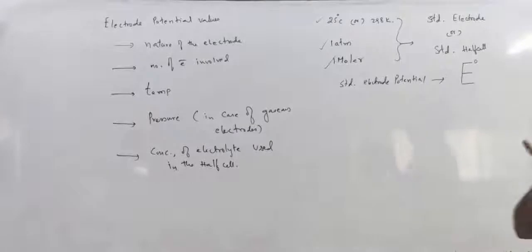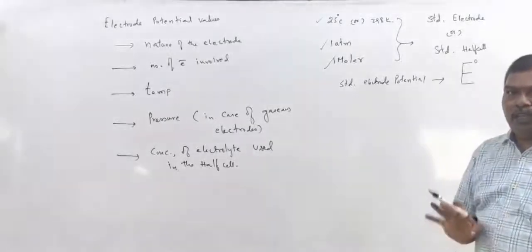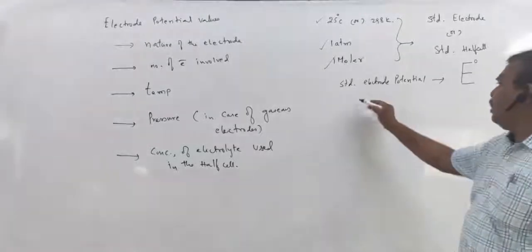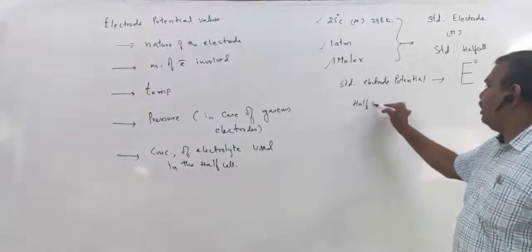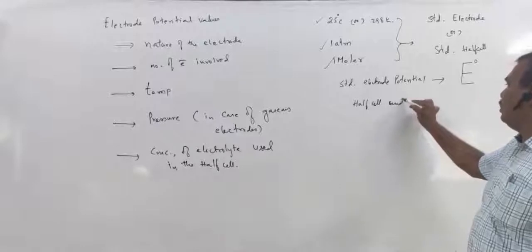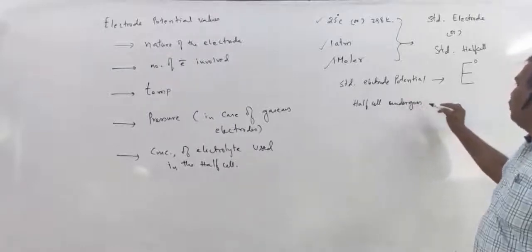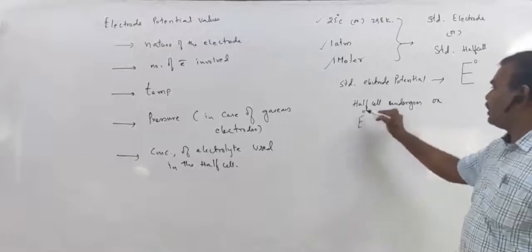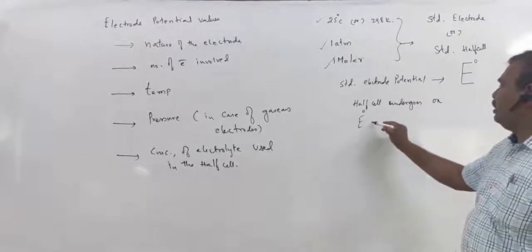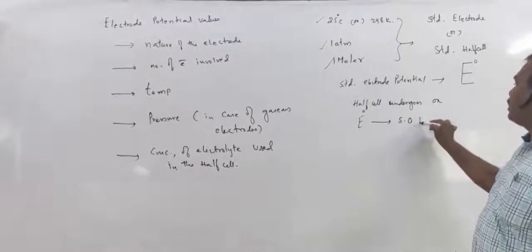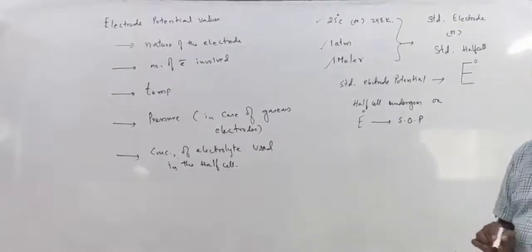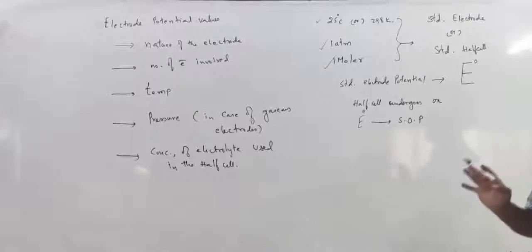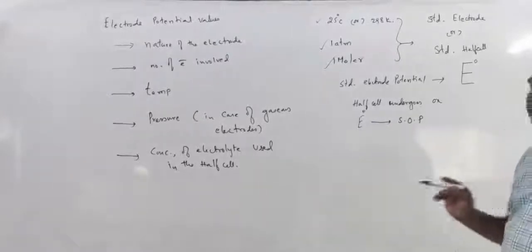Remember, if a half cell undergoes oxidation, then the electrode potential is said to be standard oxidation potential, SOP.